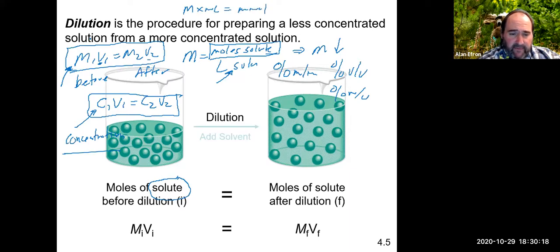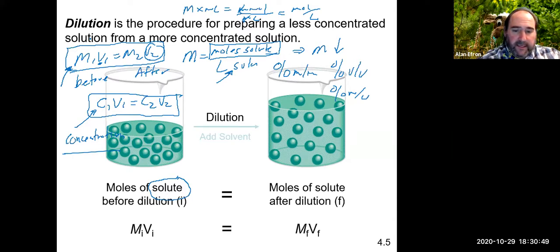And if your second volume is also in milliliters, when you divide, those millis will cancel out and you'll be back to moles per liter. So you just have to make sure you divide by milliliters on the back end. Or if you want to be safe, you could just convert into liters and it'll work out the exact same way. Any questions on that?